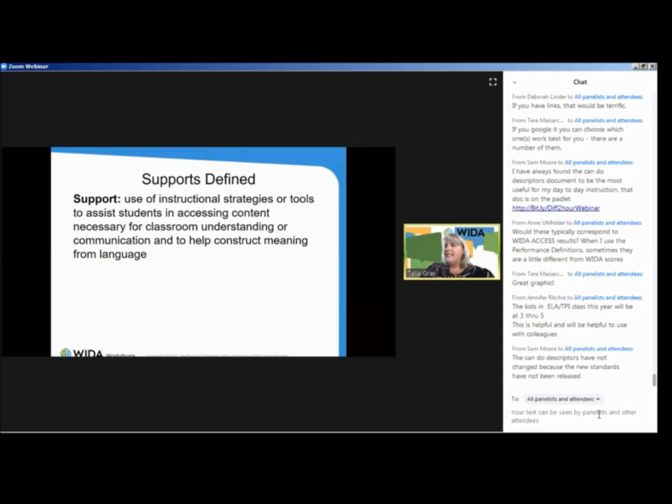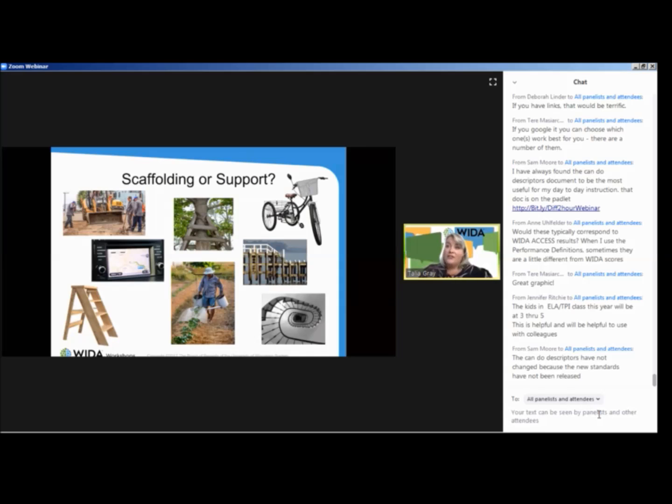So on this next slide, we see pictures of scaffolding and supporting, right? I like to think of scaffolding as building stairs. This one with the staircase speaks to me as far as scaffolding goes, because you are intentionally building, right?